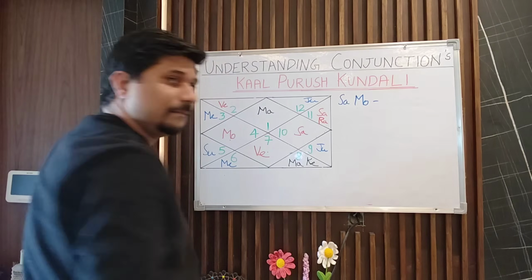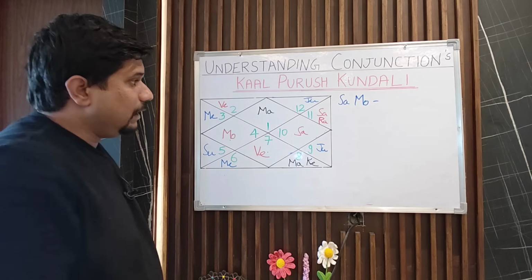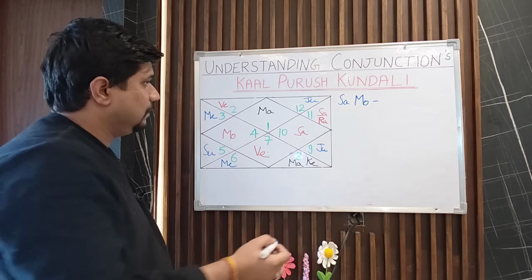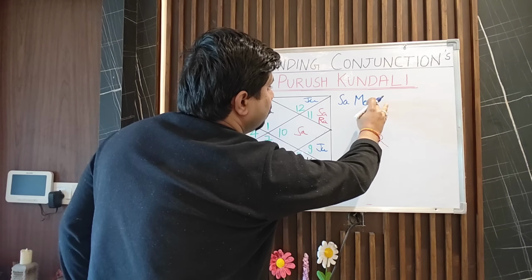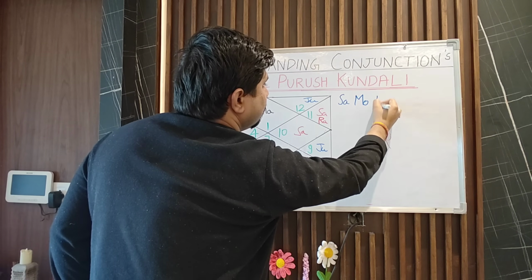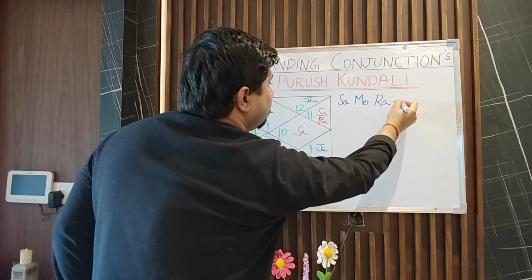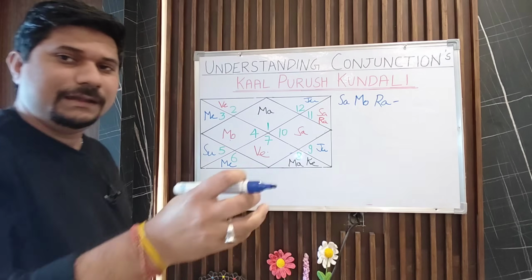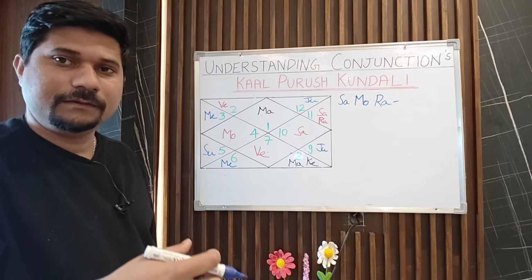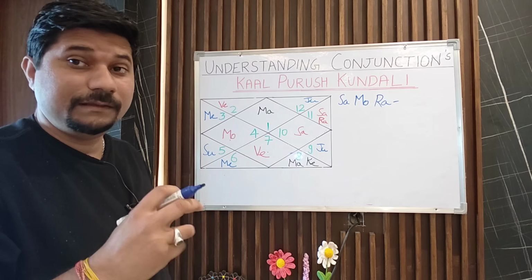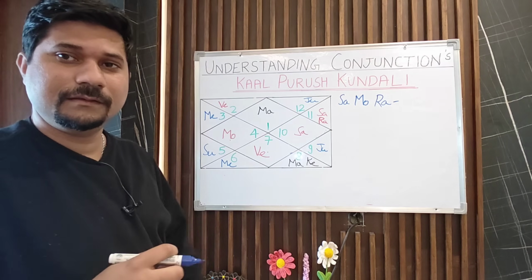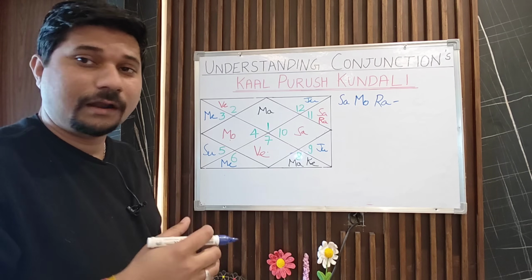What will happen then? And what will happen if I add Rahu also in it? These are certain deadly and difficult conjunctions actually. They are not easy conjunctions, they are difficult conjunctions. Saturn, Moon, Rahu.